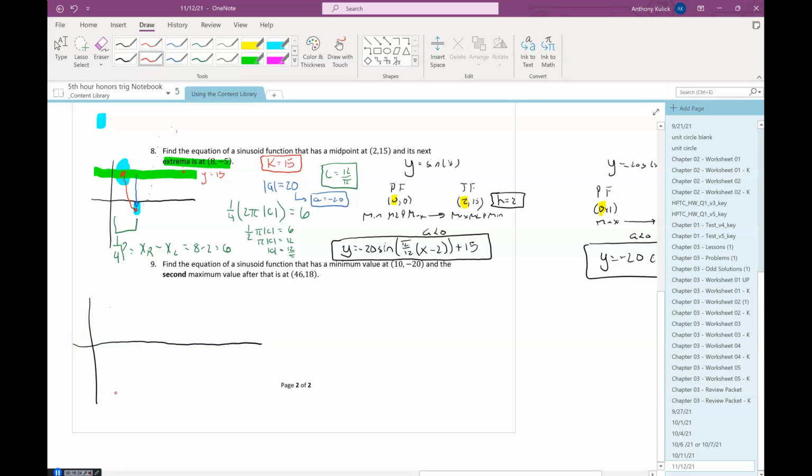So I have here my minimum, and then the second maximum is there. Everybody okay with that?